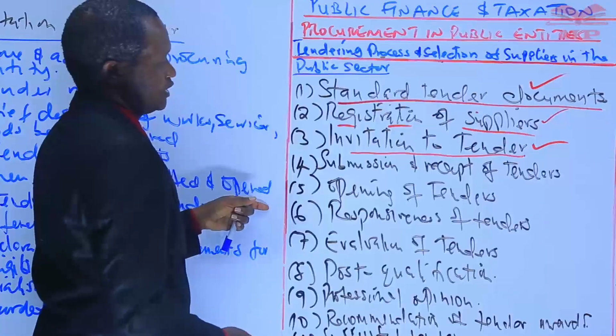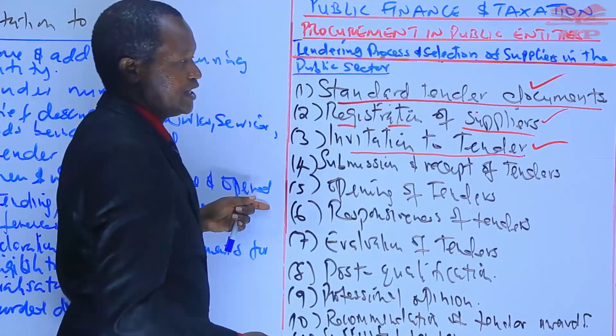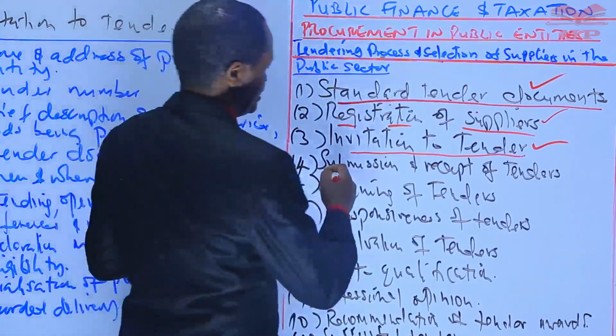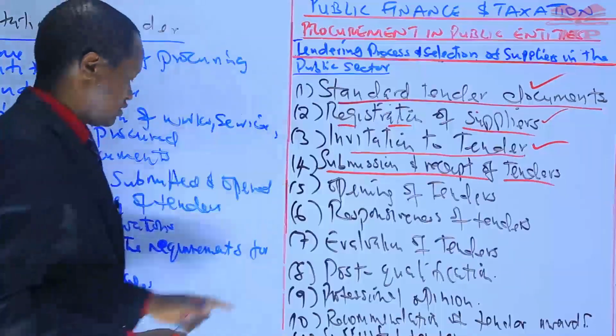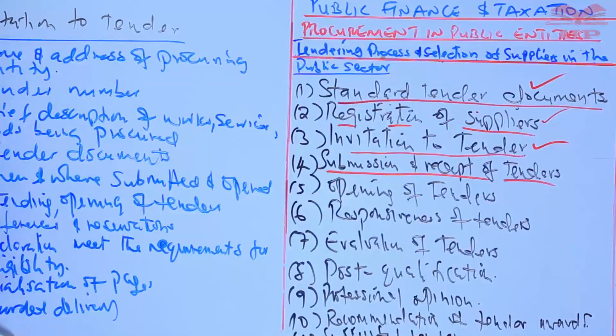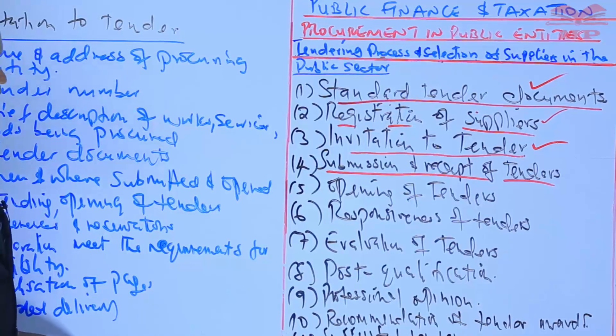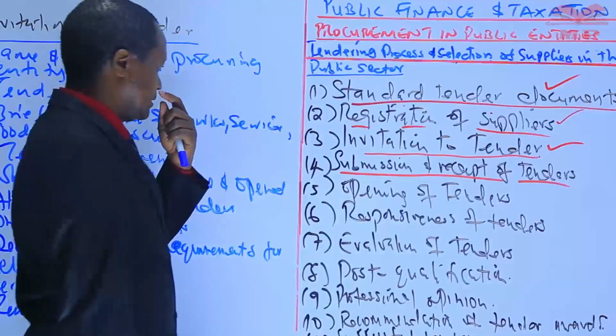The fourth step is submission and receipt of tenders. Remember candidates, we've ended with the delivery of tender documents to the eligible bidders.